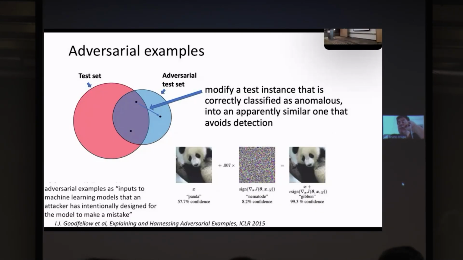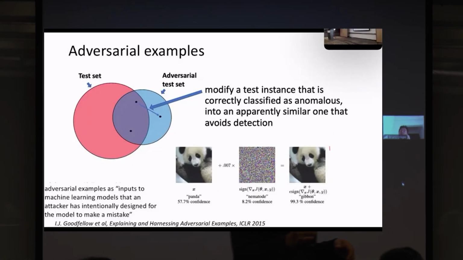So you have a panda. The panda is considered an anomaly, so the classifier raises an alarm to show that this panda is not a monkey. Then, by introducing this noise to the image, to the naked eye you can still see a panda, but the classifier sees this as a gibbon, so as a monkey, and it will not raise an anomaly.